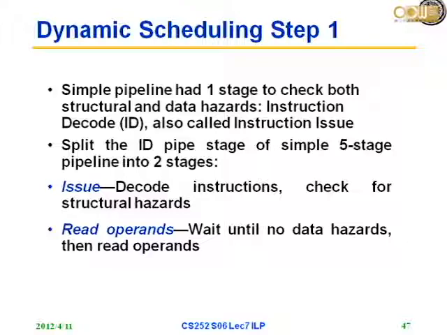The extra stage will be issue and read operands. Your operand read can be deferred, delayed for any arbitrary number of cycles. Let me show you why this is necessary.